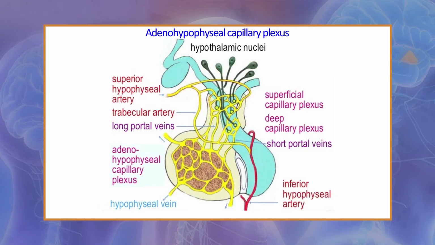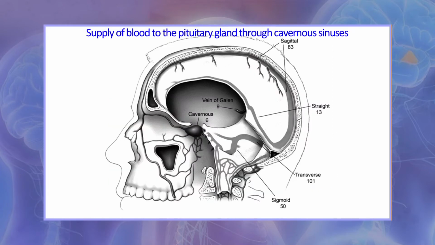In contrast, the circulation in the posterior pituitary is unremarkable. It is supplied with blood by the inferior hypophyseal arteries. Venous blood drains from both lobes through a number of short veins into the nearby cavernous sinuses.